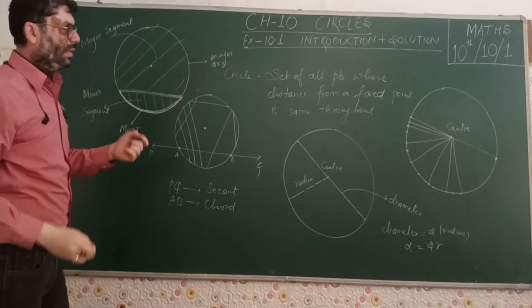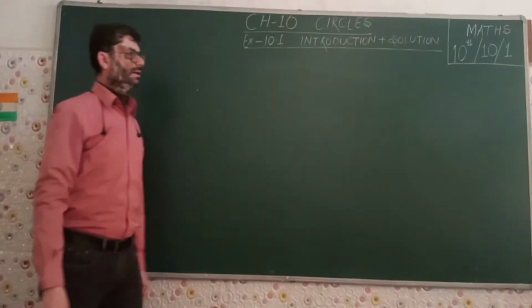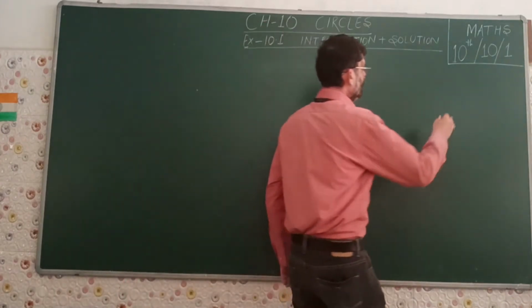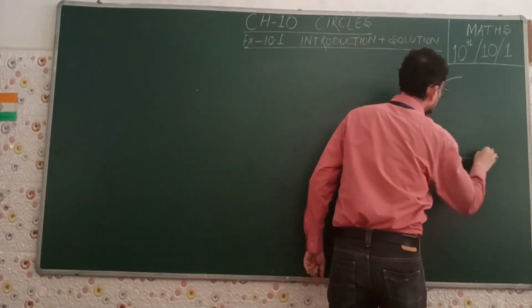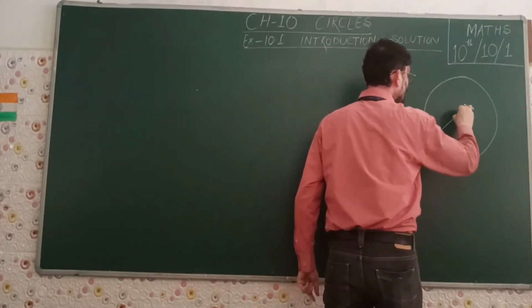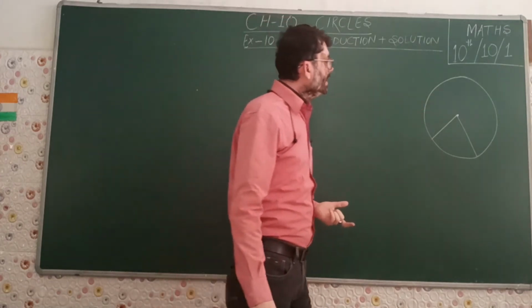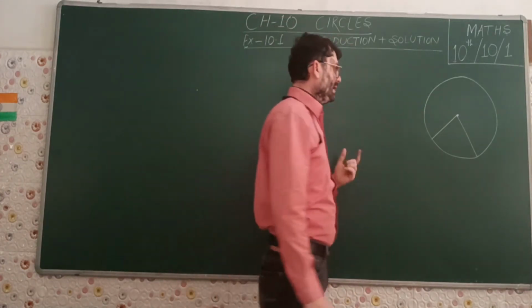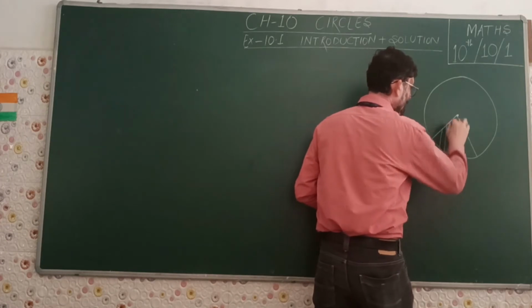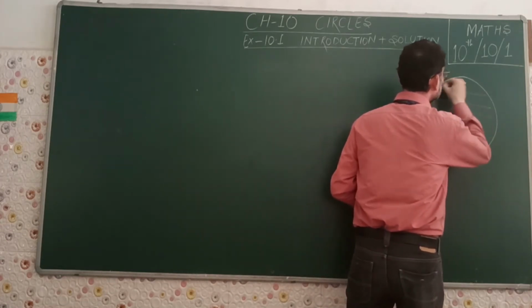Let us take one more figure, another term related to the circle. Suppose this is my circle, this is my center, and we take 2 radii at a time. Again, there are areas enclosed between the 2 radii. This is one part of the area of the circle, and this is another part of the area of the circle.